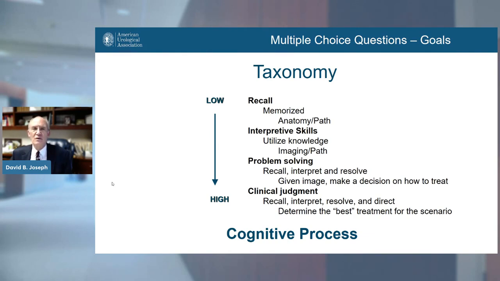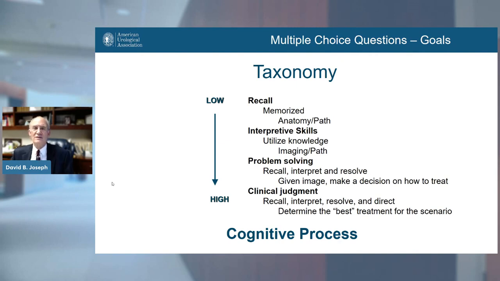When you begin to work into whether a learner has understood the material they've reviewed, you're going to be using some of your interpretive skills and problem solving. The most complex question to write is one of clinical judgment, where you're basing everything off of recall, then you need to interpret what's going on, you need to resolve an issue, and then you may need to direct treatment.